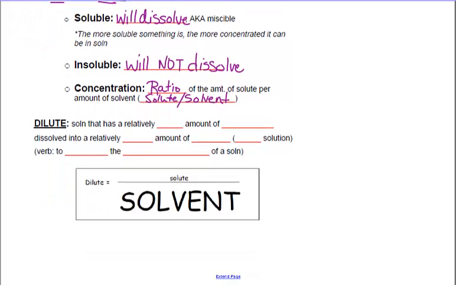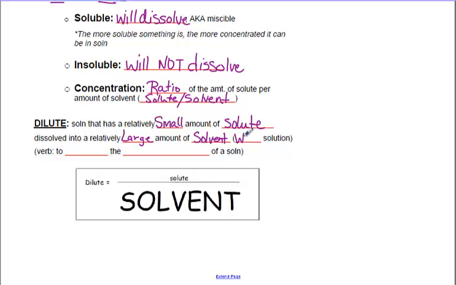Okay. Dilute would mean that a solution would have a relatively small amount of solute dissolved in a relatively large amount of solvent.